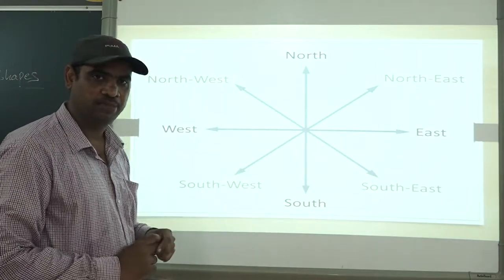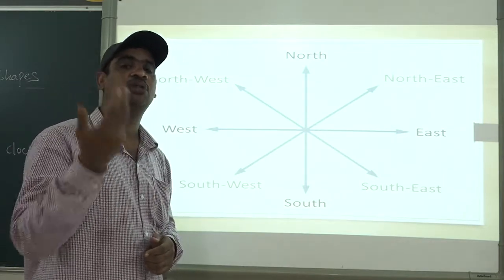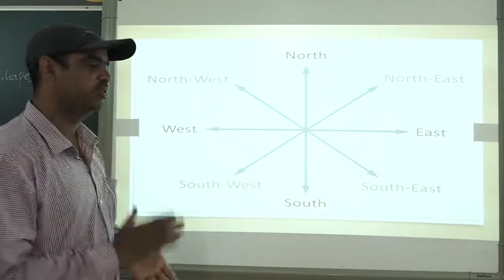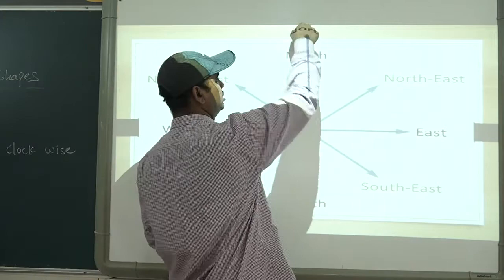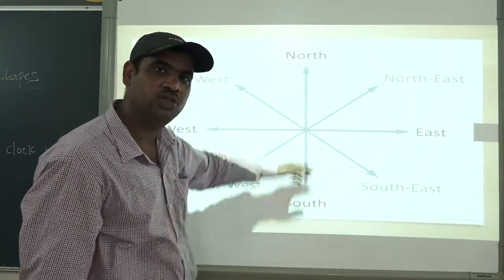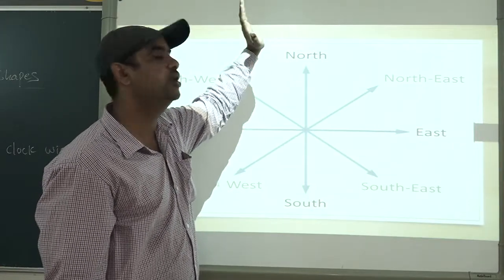So actual directions and directions shown on the map may cause confusion, but it is very clear that whenever you want to show any direction, north is always shown on the upper side of the page or the upper side of your map.